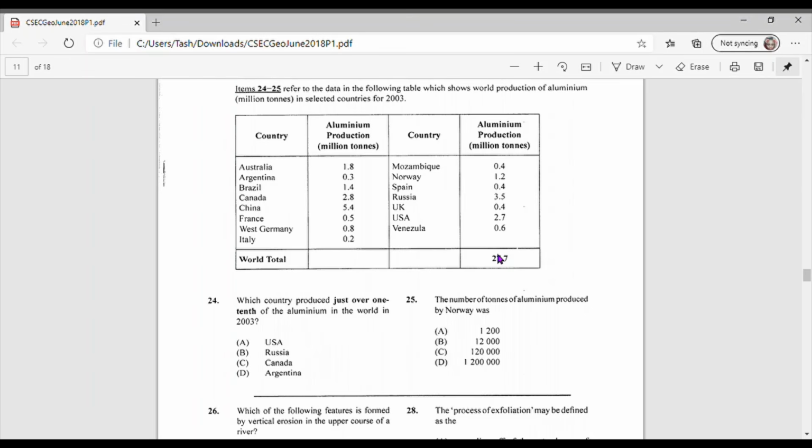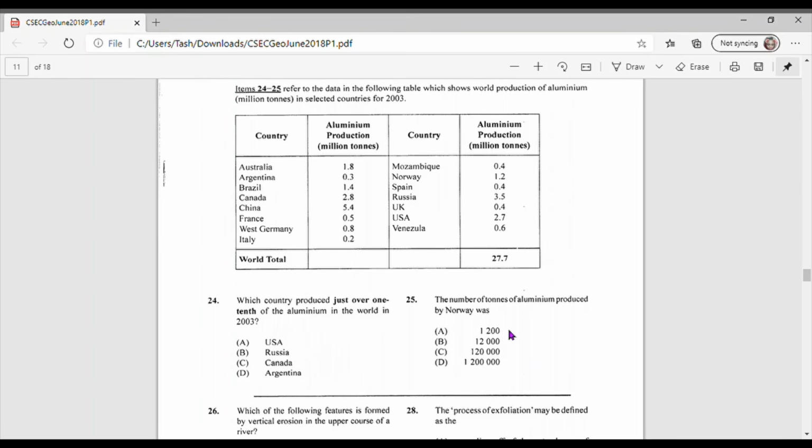It needs to be one that is just above 2.7. Since this is in bold, just over 1/10, so it's not the USA. 3.5 would have been too far for Russia. Canada, 2.8. It seems like the obvious choice, and Argentina, 0.3. So the answer for 24 would have been letter C, which is Canada.